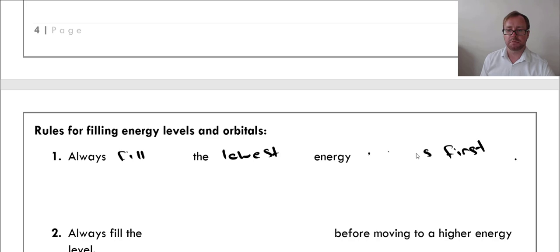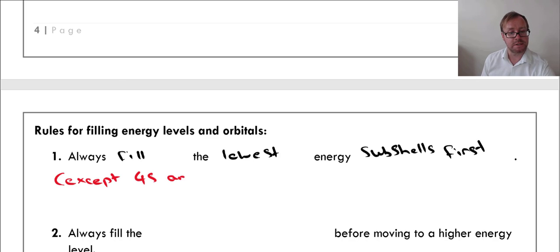Actually, we'll change it to subshells, otherwise it will get confusing. Subshells first. However, this falls down when we see 4s and 3d, except 4s and 3d. Okay, so that's an important point.